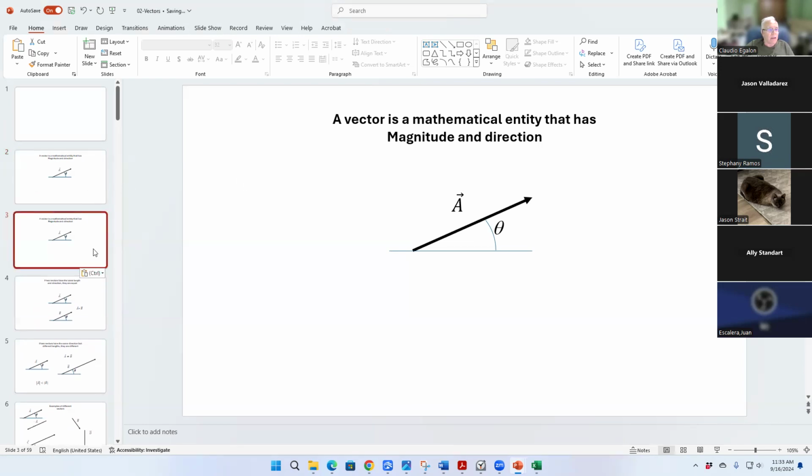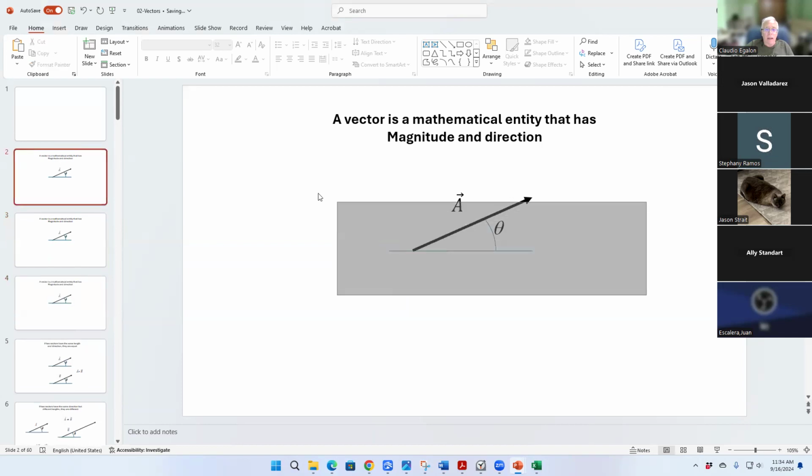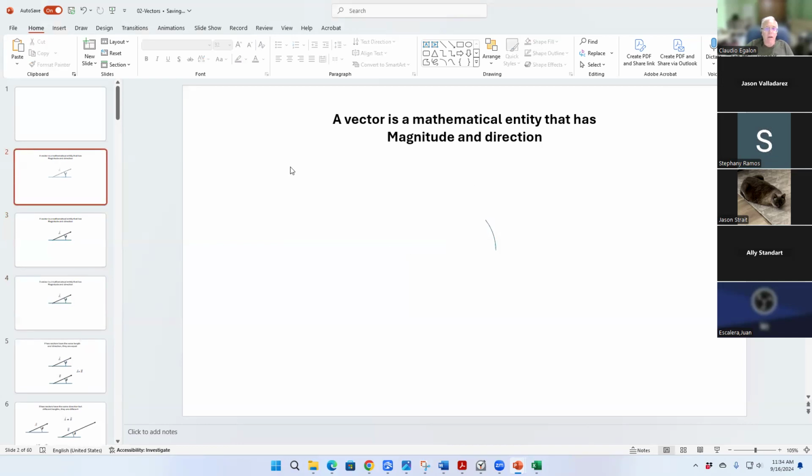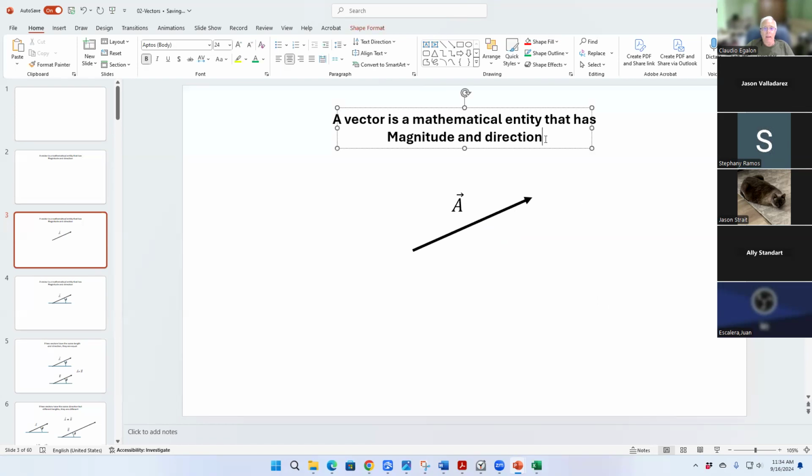So we start. Here you go, a mathematical entity that has magnitude and direction, right? So in the next movie, I just represent the arrow. It can be represented by an arrow. Graphically, it can be represented by an arrow.